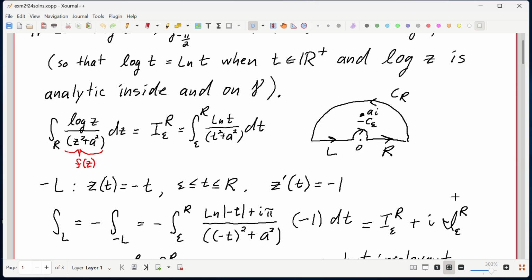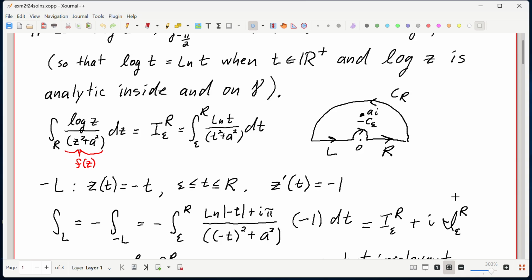So I parameterize not L, but minus L. Minus L would start at minus epsilon and go to minus r. So I like to parameterize that by z of t equals minus t, and then t would go from epsilon to r. If you don't do that now, you have to do the change of variables later. I like to do it in the beginning.